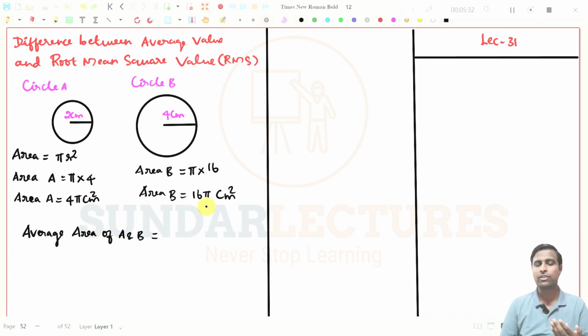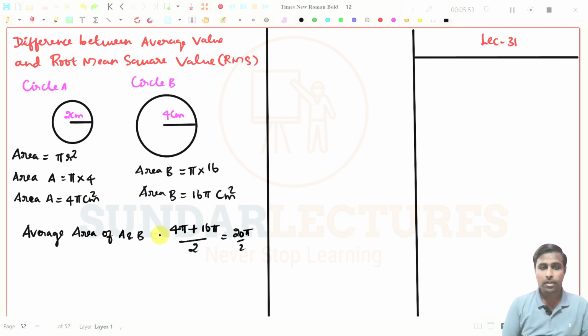If you take average of these two values, it will be 4 pi plus 16 pi divided by 2. So you get 20 pi divided by 2, that is equal to 10 pi. So the average will be equal to 10 pi, and this is also centimeter square.